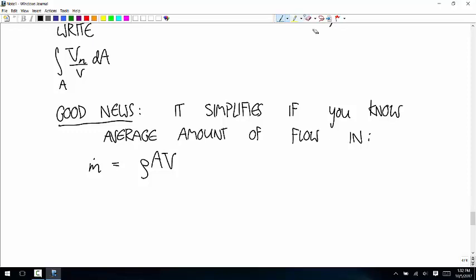This capital V is the speed, the average speed flowing in. And rho, again, is 1 over the specific volume, so you can write that as area times that average speed divided by the specific volume. And that's a lot easier to use.